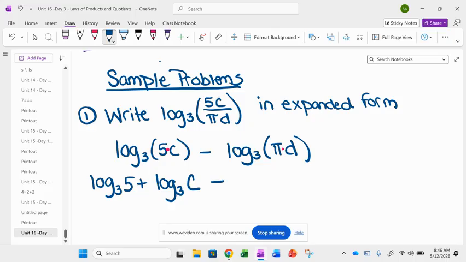Minus, but now because I'm changing that log after the minus sign into a binomial, what do you think I have to put? Parentheses. So we're going to open our parentheses and say log base 3 of pi plus log base 3 of d.